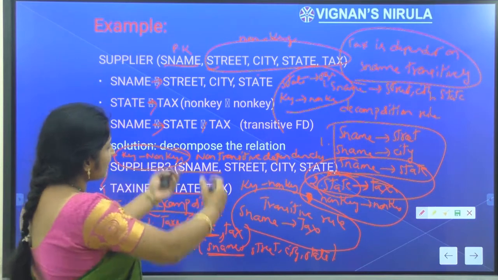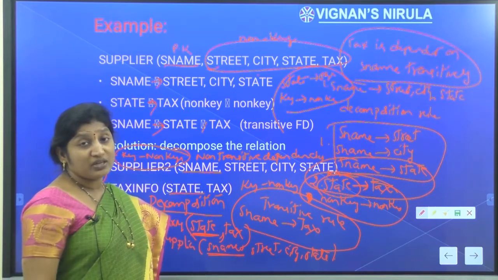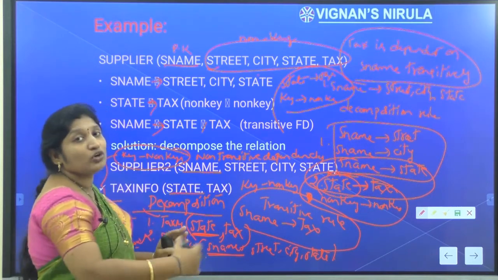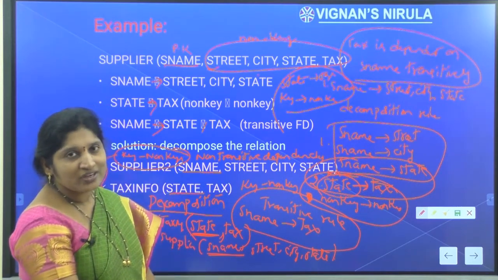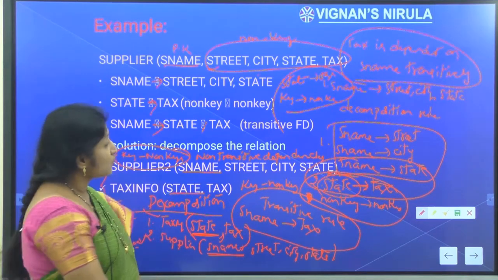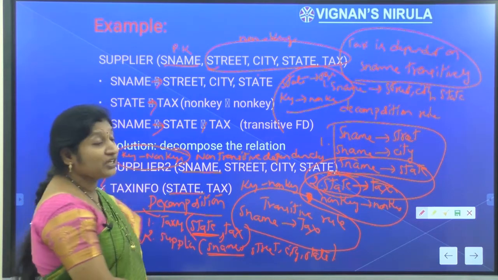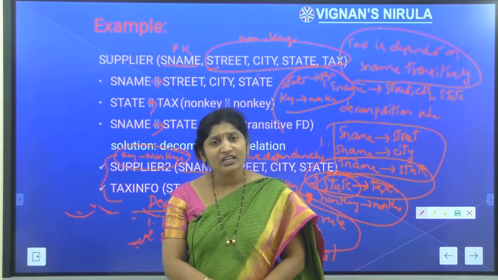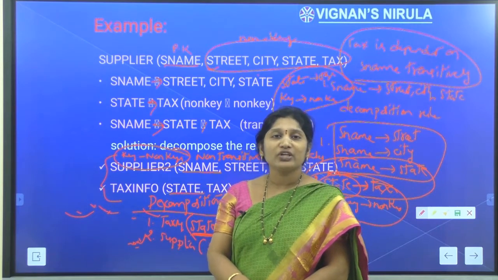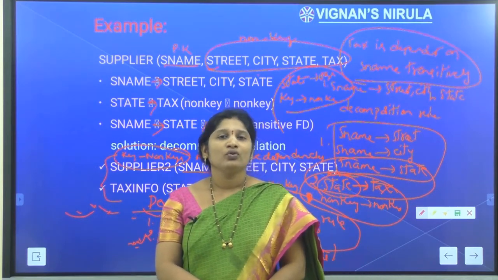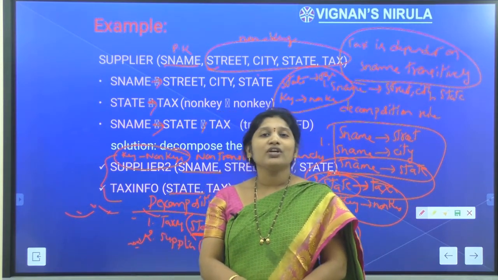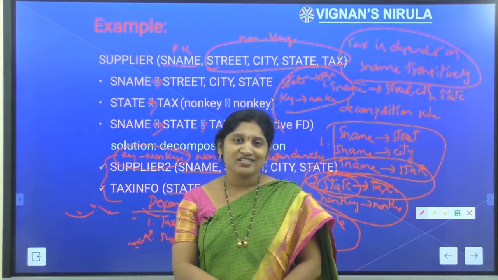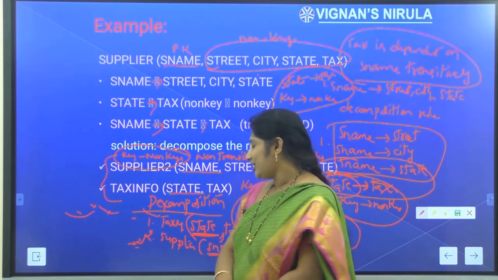So I have converted the given table into subtables where all the FDs have been converted to key to non-key relationships and no transitive dependencies are there. That's how we have made our table into third NF. So what is the rule of 3NF? A relation is said to be in 3NF if and only if no non-key to non-key relationships exist, as well as there are no transitive dependencies. So this is about 3NF.